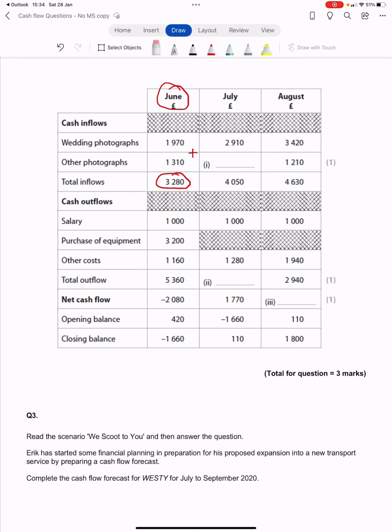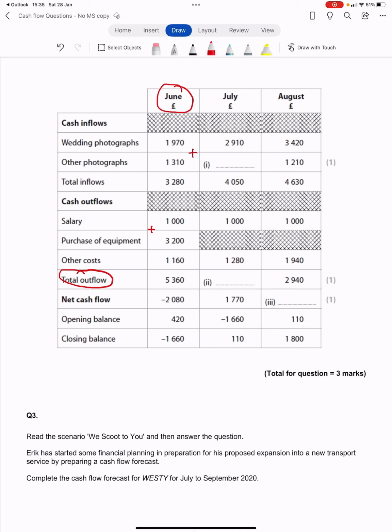Okay, so then we carry on down the June column, and we're going to go to total outflows. So that's money that's been going out of the business. So they've paid some salaries out. So those salaries are going to mean that there's less money in the business.